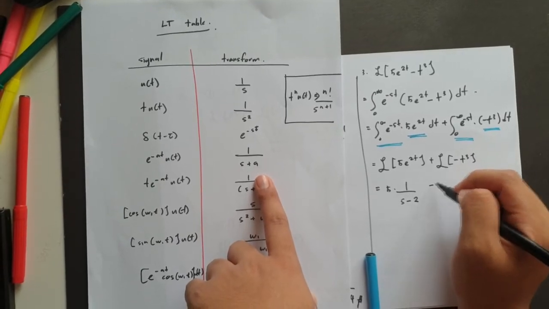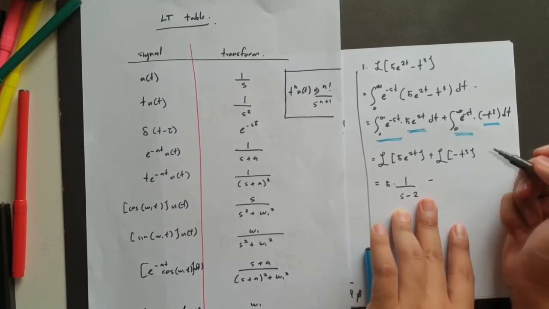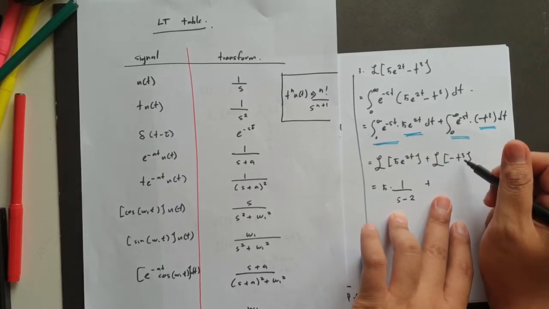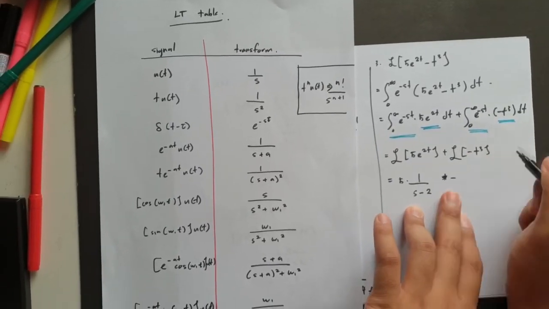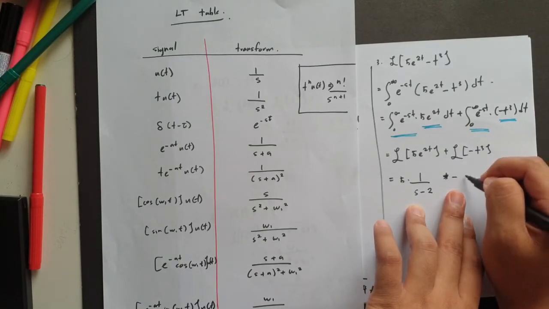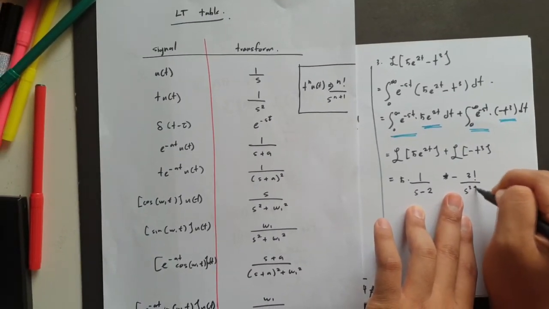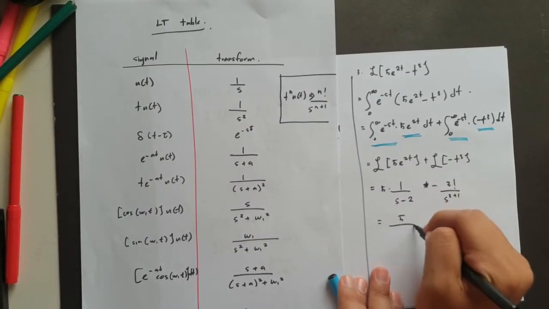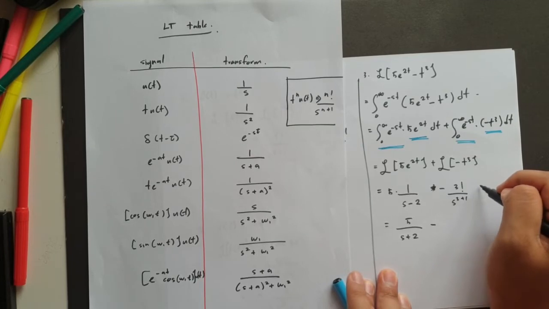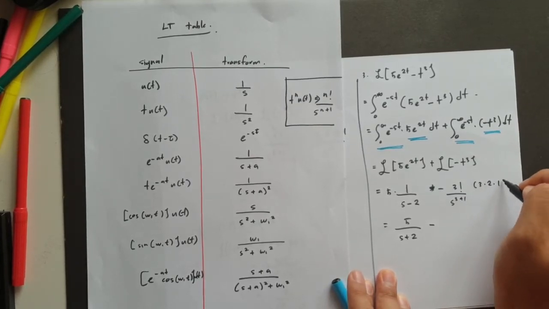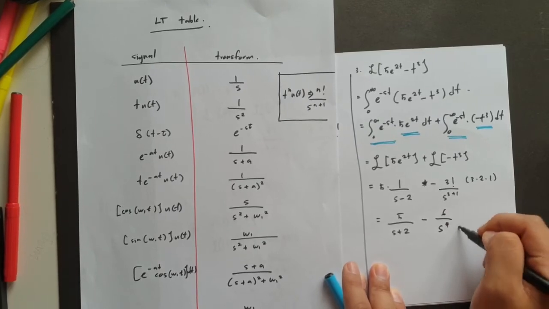Then plus the Laplace of t factorial, with the negative sign. For t³, it is 3 factorial over s^(3+1). So the final answer is 5 over s minus 2, minus 3 factorial, which is 3 times 2 times 1, equal to 6 over s⁴.